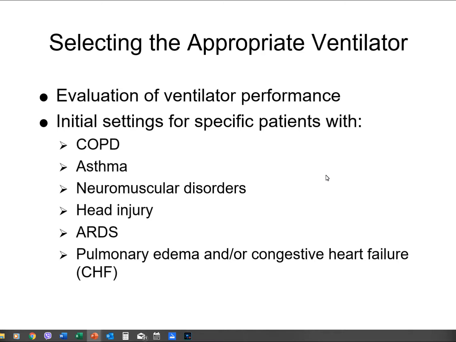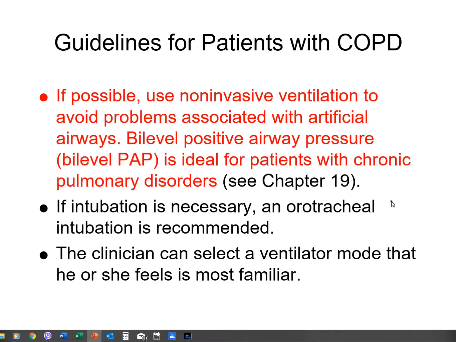Okay, so preparation is always going to be key. Selecting the appropriate ventilator, depending on the patient and what they are suffering from, that is what we will definitely use. For example, if I have a patient with COPD, BiPAP is our go-to.